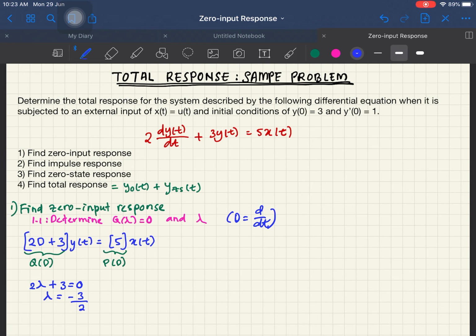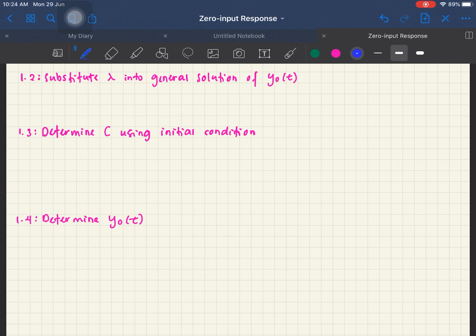Now since we have only one lambda, the general solution of the zero input response will be C e^(lambda t). If I substitute lambda, I will have C e^(-3/2 t). The next step is to determine C. Since this is a first order system, we only have one unknown C, so we need only one initial condition. So let's say y0(0), which equals 3, equals C e^0.